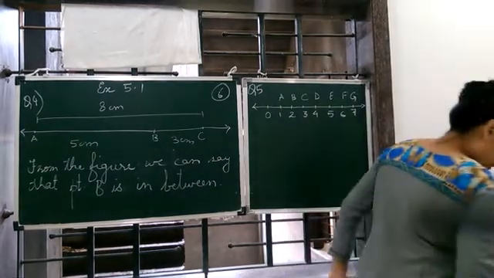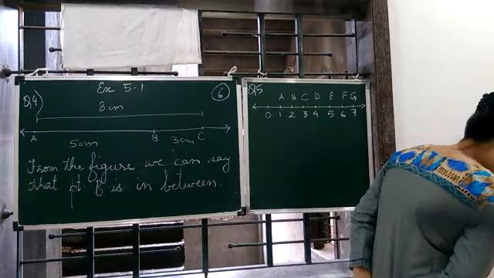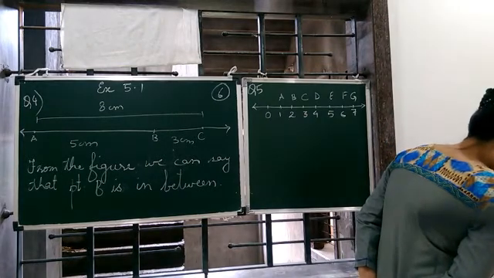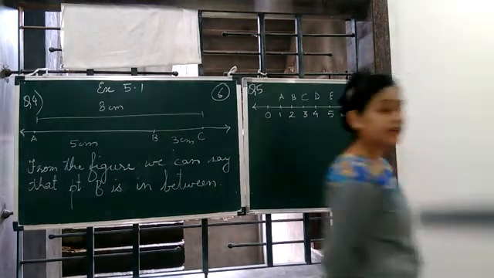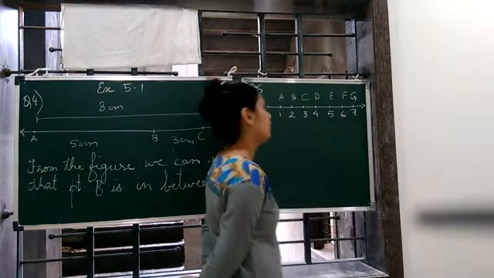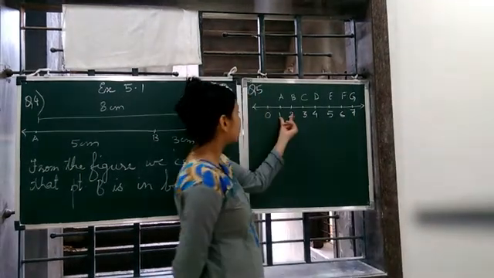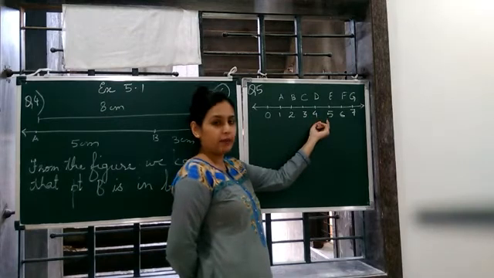So here, what we have to verify? We have to verify whether D is the midpoint. So midpoint means whether it is at the center or not. We can see measurements are given here, but whether they are centimeter or not, we don't know.